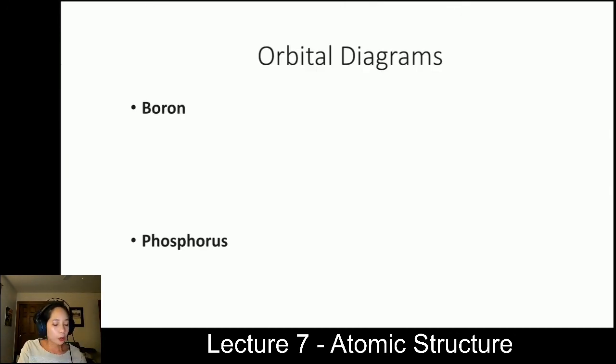So orbital diagram for boron. First, draw the nucleus. I'm going to draw my nucleus. It's boron. I'm going to make it bigger. So boron has 5 protons, so just keep that in mind. So there's my nucleus.